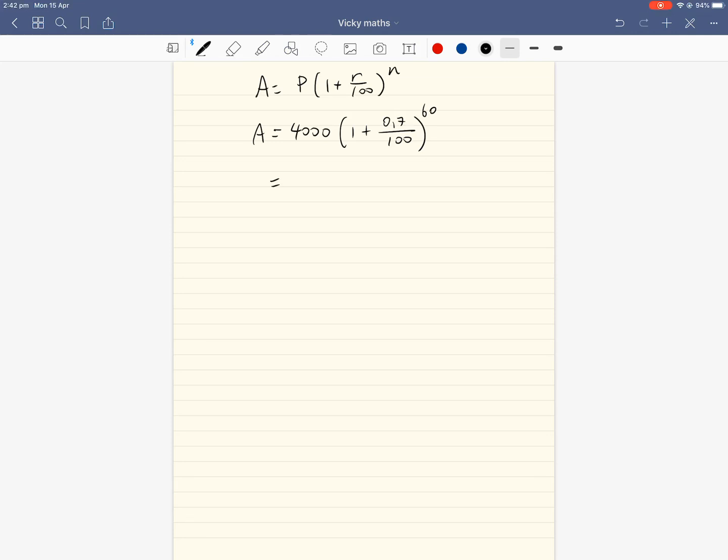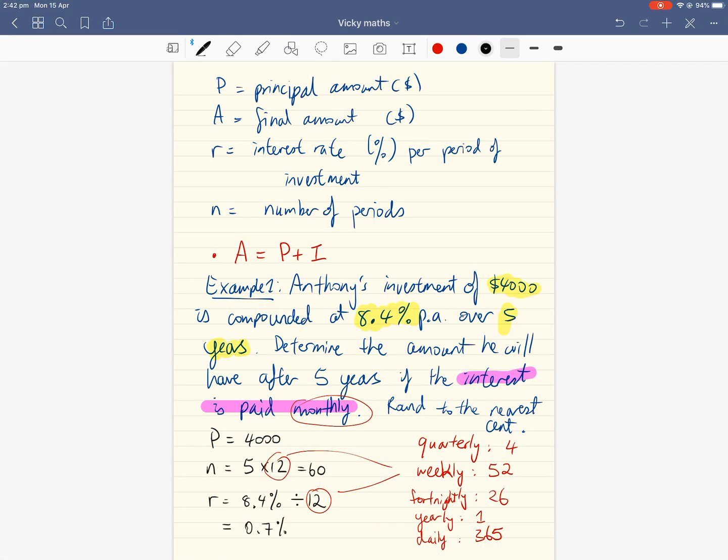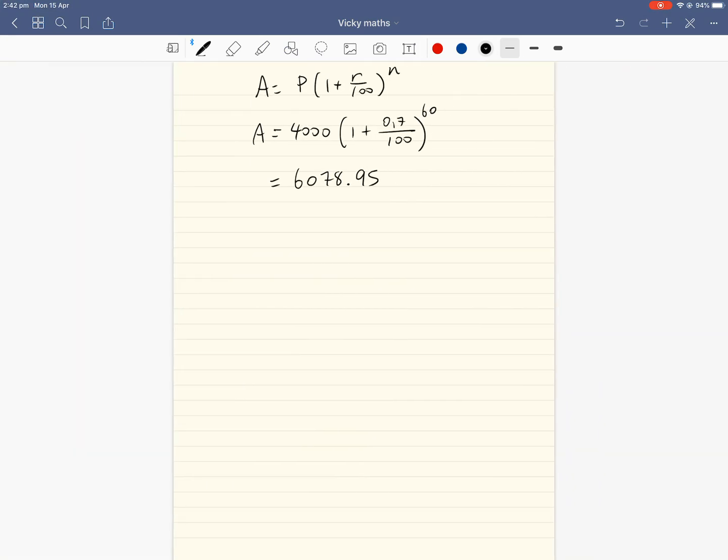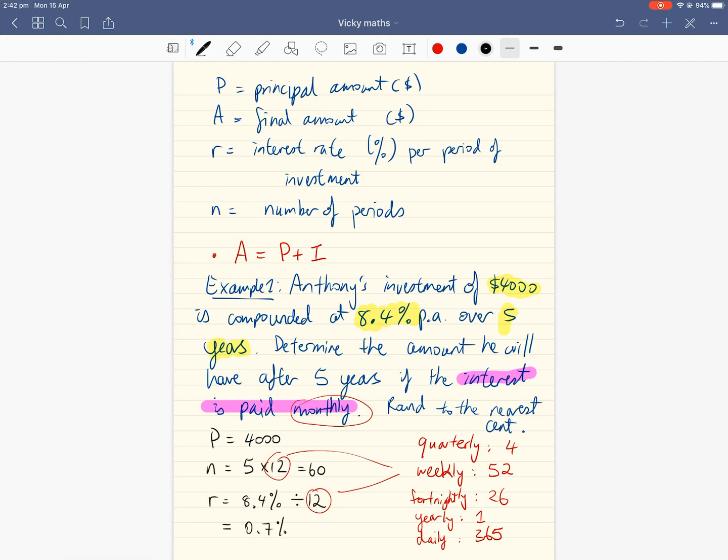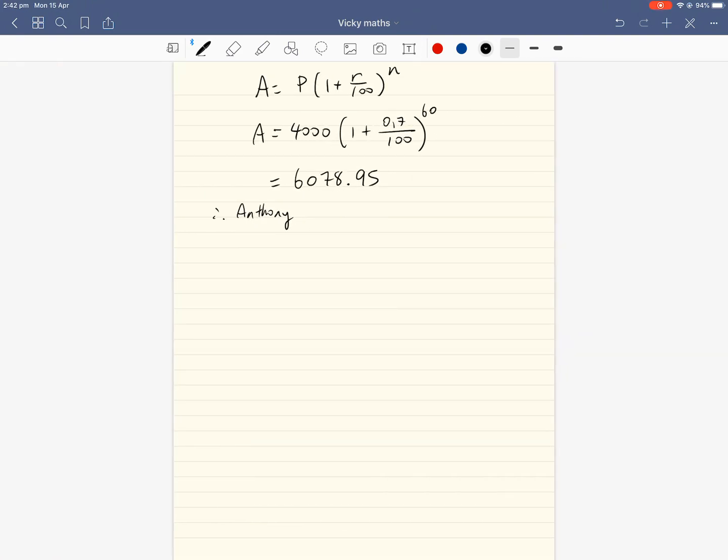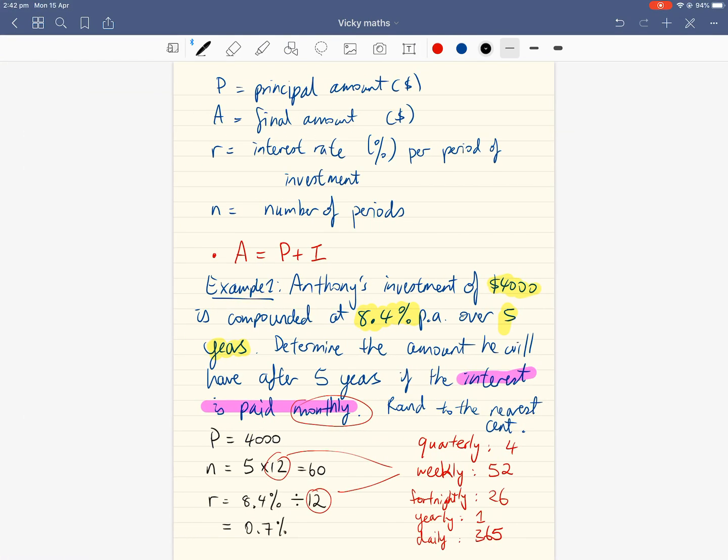So you throw that into a calculator, and it should get you 6,078.95. And because it's a word problem, let's finish off with a sentence conclusion. So therefore, Anthony will have $6,078.95.